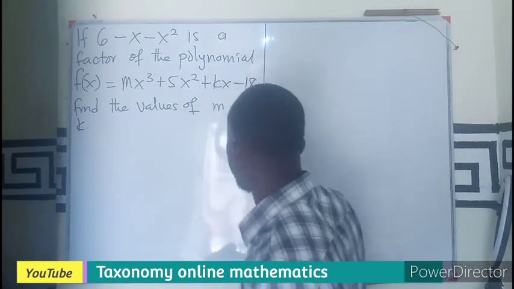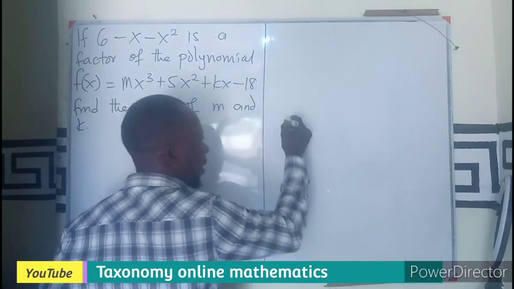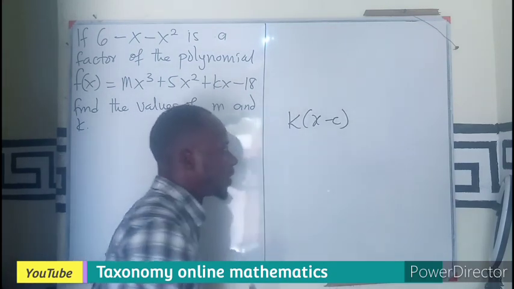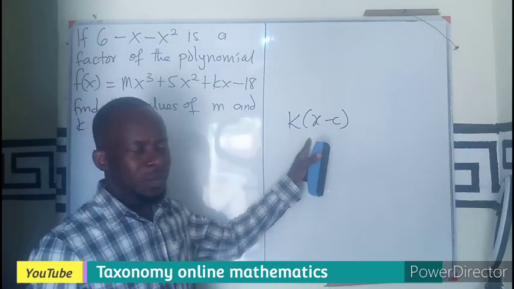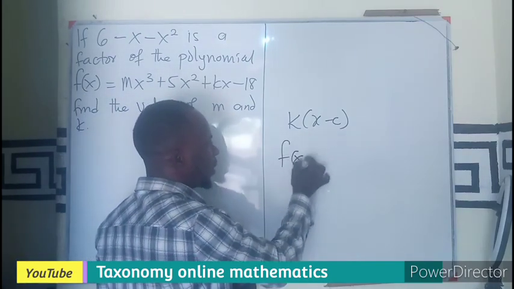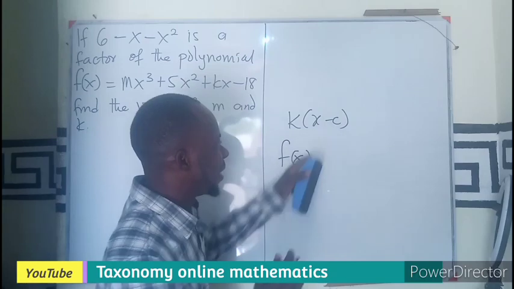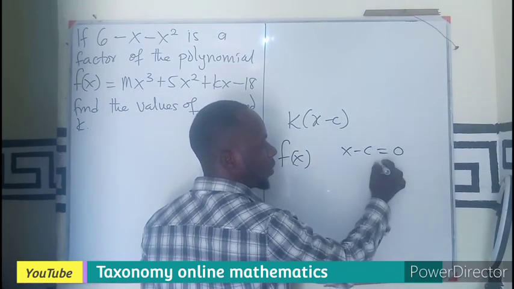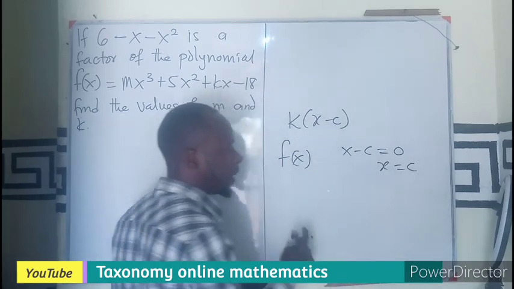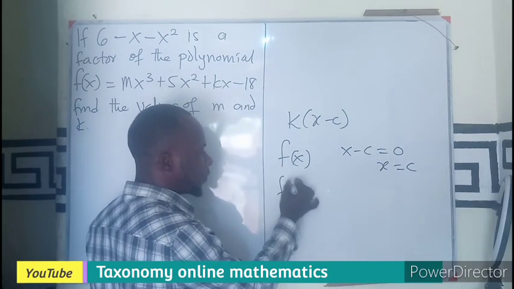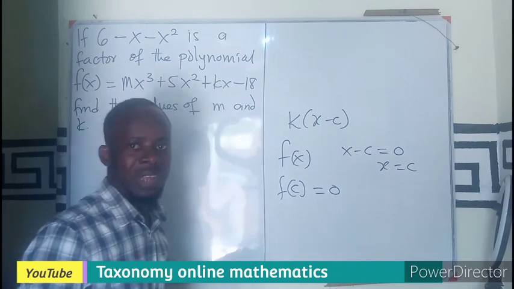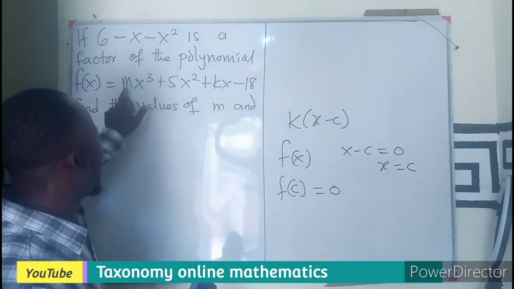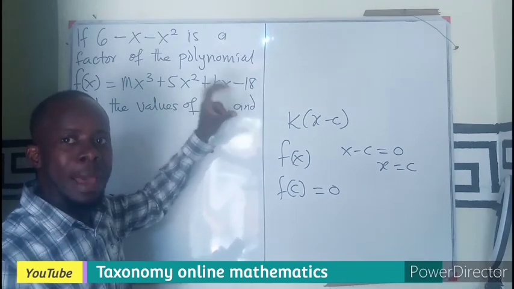So what it means is that if I have x minus c, and this is a factor of a given polynomial f of x, that simply means that the zeros of this, which is x minus c equals 0, making x equal to c, will mean that f of c should also give us what? 0. So we are going to use this principle in order to find the values of k and m.